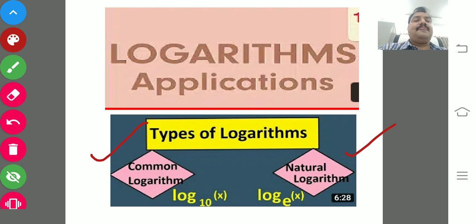In common logarithms we use the base 10, but in natural logarithm we use the base e. The e value is like the pi value, so it's not necessary now; in higher sections you will come to know. So now you just go with the common logarithm.